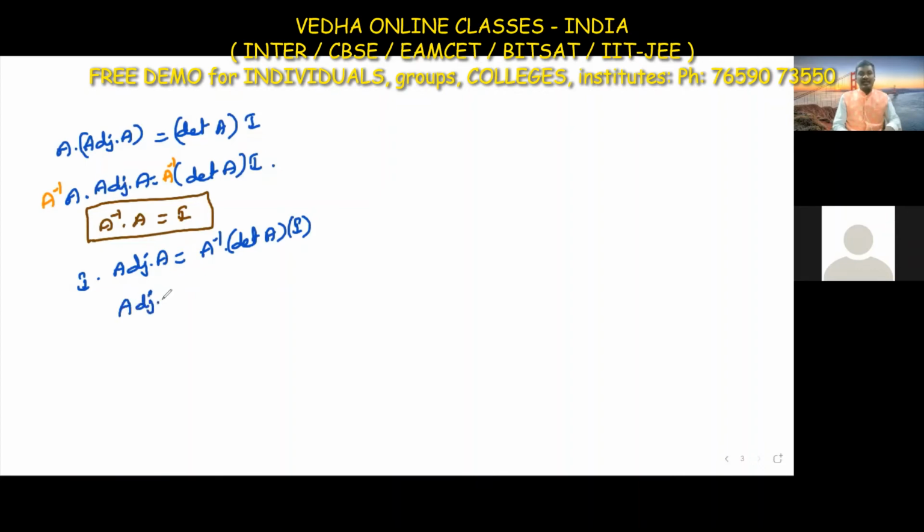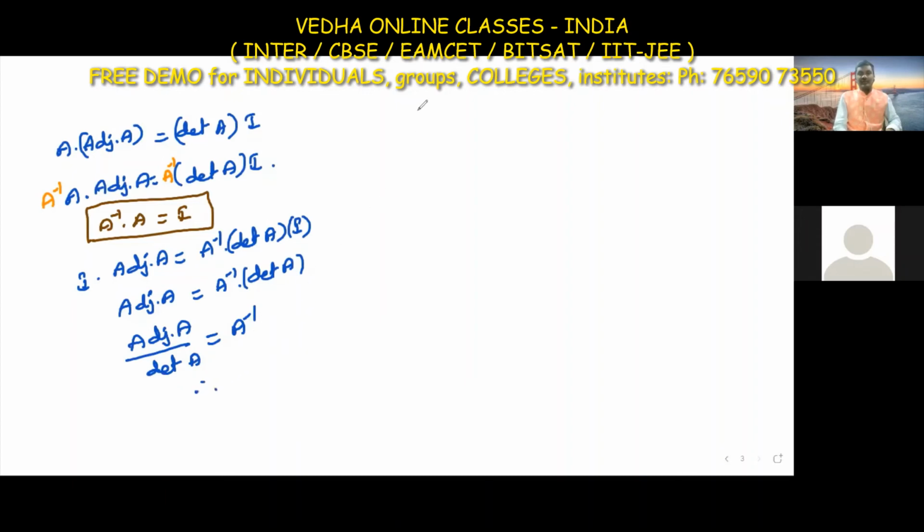So adjoint of A is equal to A inverse into det A. What we have to prove is that A inverse is equal to adjoint A by det A. Into I means no change. I am taking this det A to the left side, so adjoint of A divided by det A is equal to A inverse.